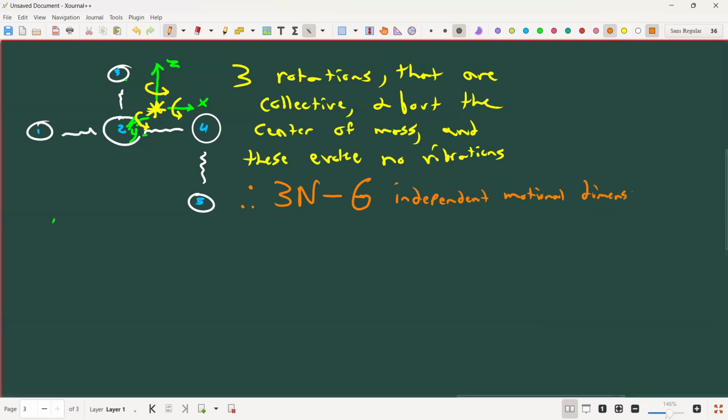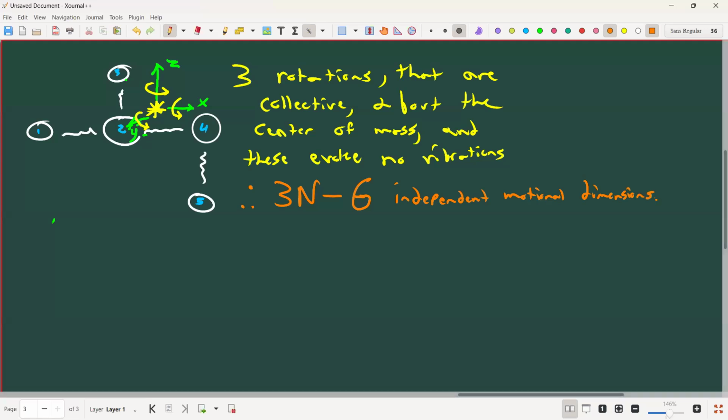So just by counting, when we have n atoms, we have 3n different ways to manipulate the molecule. 3 of those 3n are translations of the whole system. And there's another 3, if it's a 3-dimensional molecule, of the 3 different types of rotations: rotate around the z-axis, the x-axis, and the y-axis.